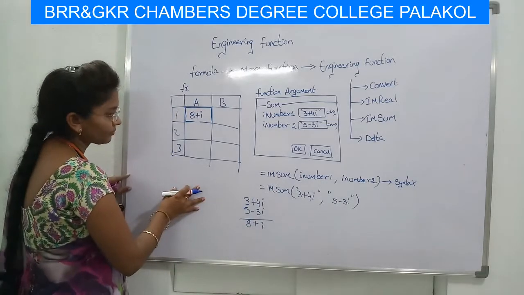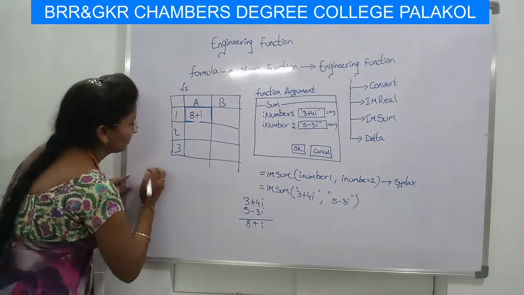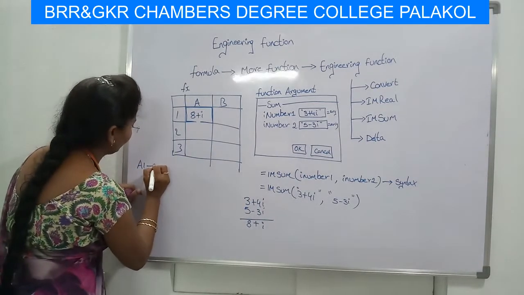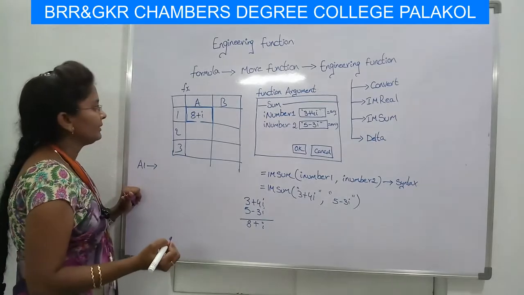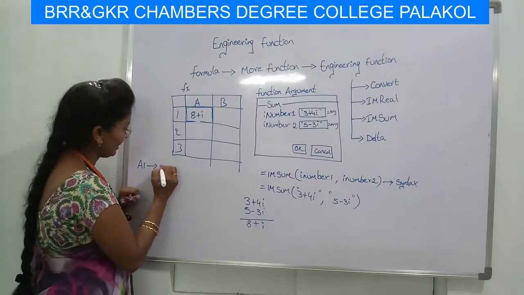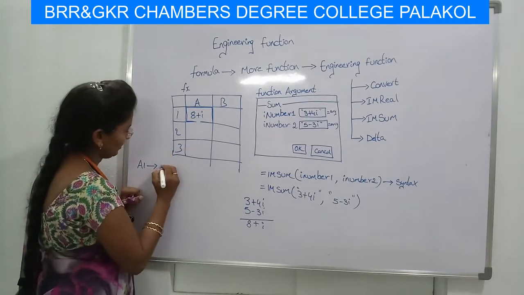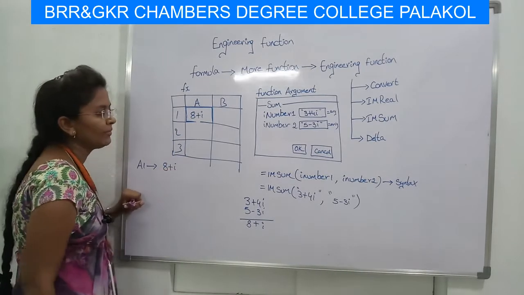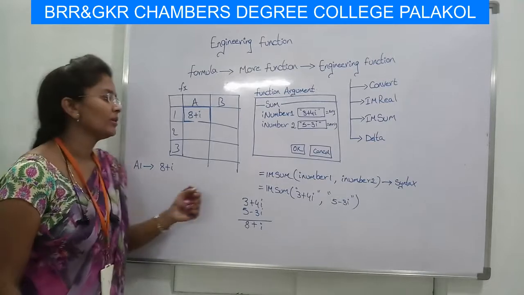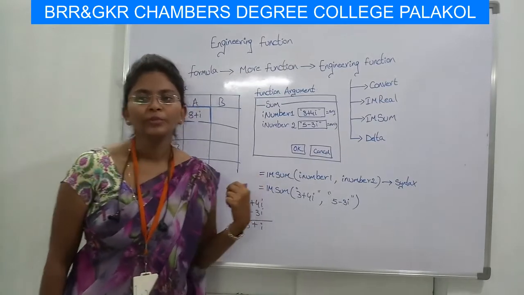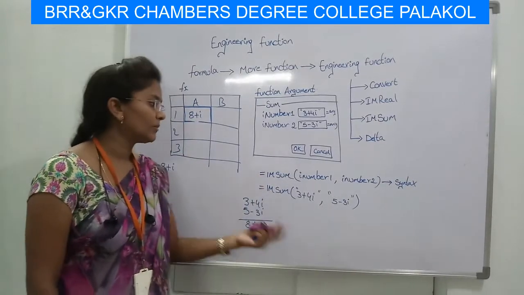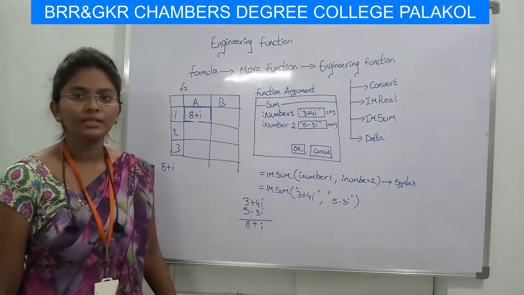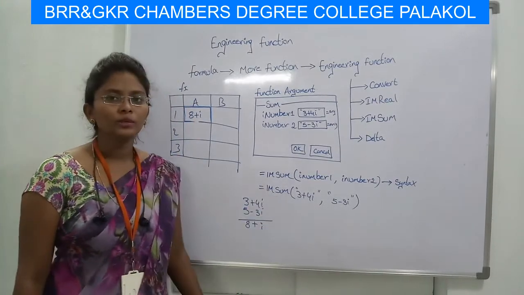Here, I am taking the A1 cell and the formula for it shows 8 plus i. It is the result of the IM sum function. Or you can enter some other numbers and see the answer in this Excel sheet using the IM sum function.